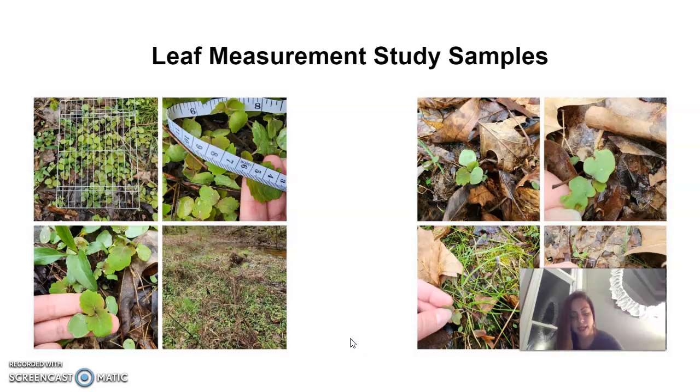So despite abundance at either study plot, the fittest species will attract more pollinators, and the mean leaf analysis indicated that the study sample from study plot 1 in the marsh had fitter species.